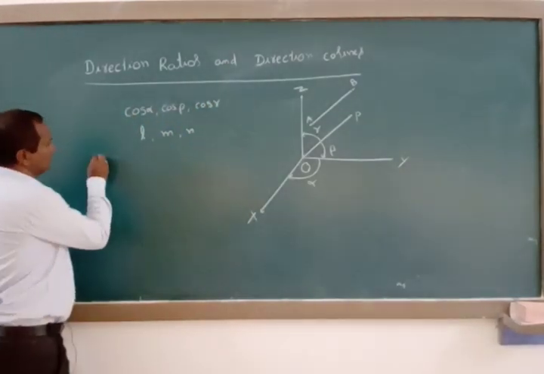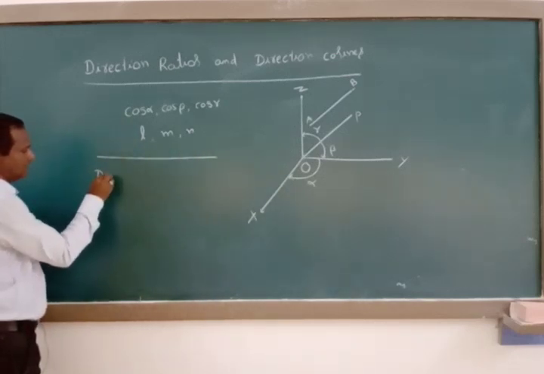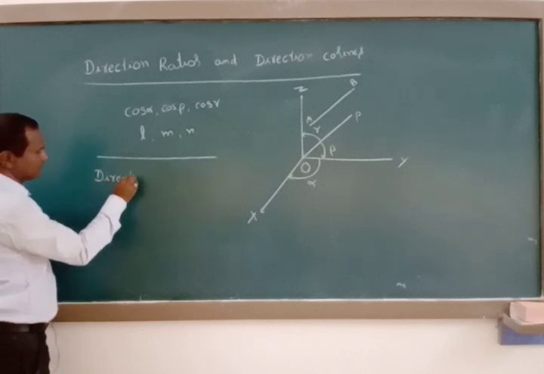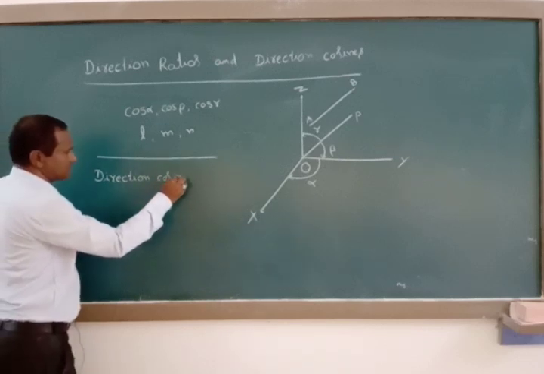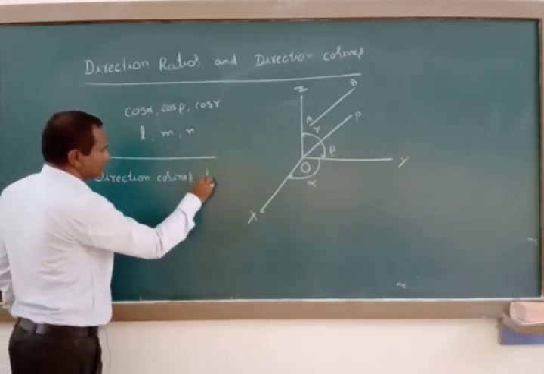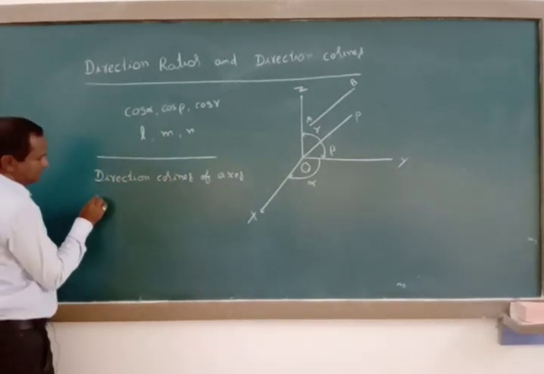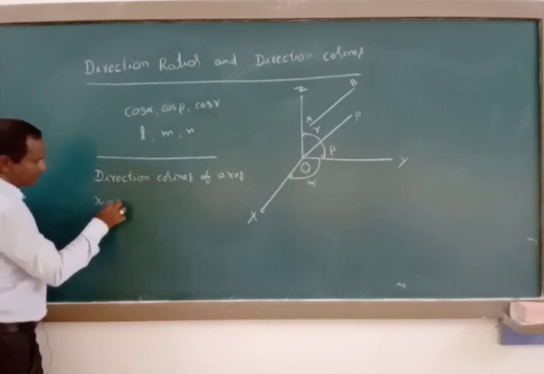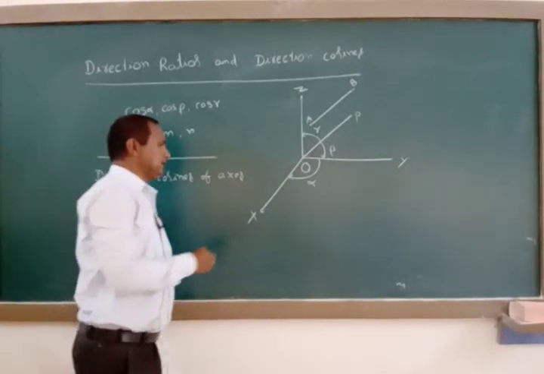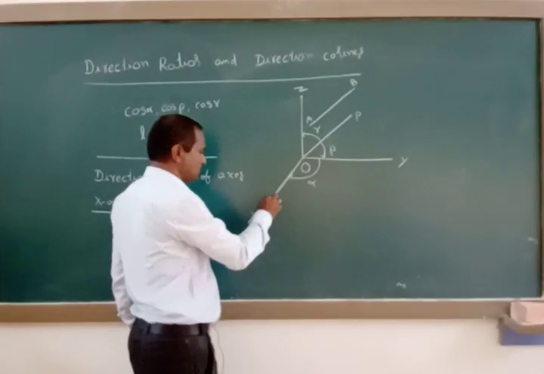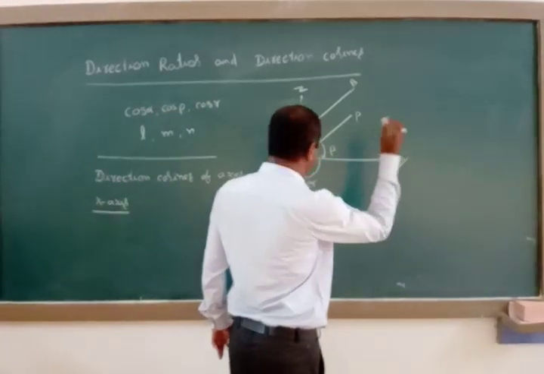Now we'll discuss direction cosines of the axes. First is the x-axis. How do we find the direction cosines of the x-axis? The three axes are mutually perpendicular to each other.